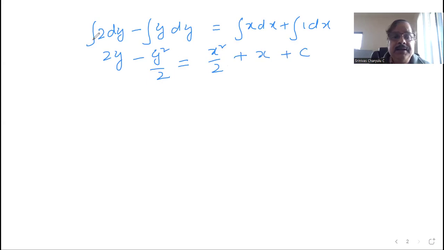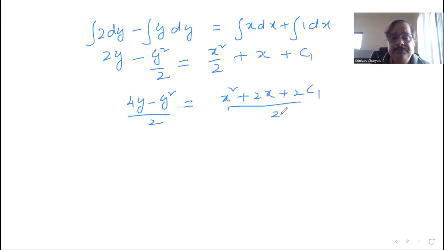Integral 2 dy is 2y. Integral y dy is y square by 2. Integral x dx is x square by 2. 1 dx is x, and the constant is c. So you can find the LCM here. 4y minus y square by 2 is equal to x square plus 2x plus 2c. Here you call it c1 divided by 2.